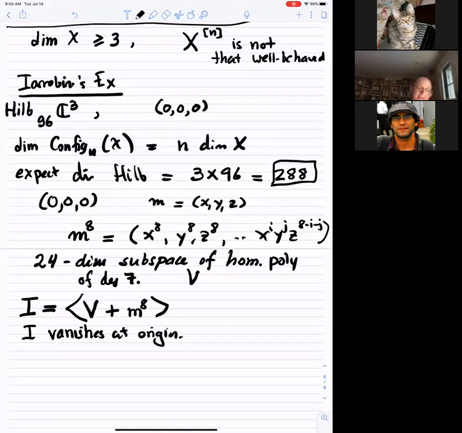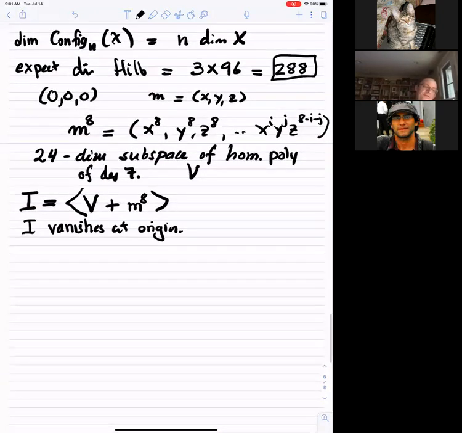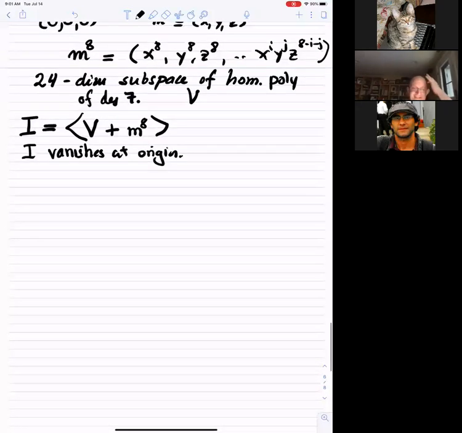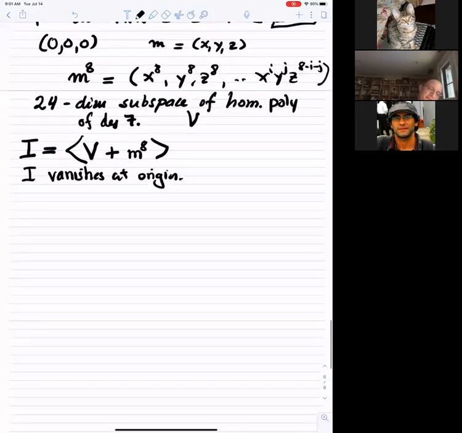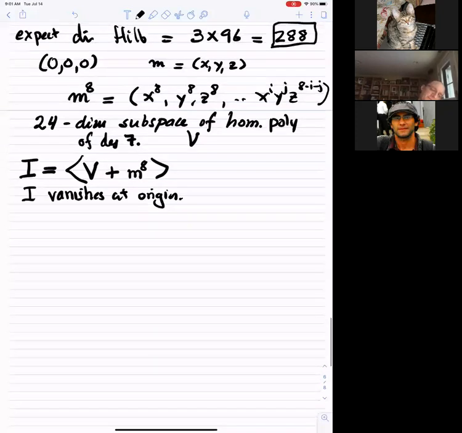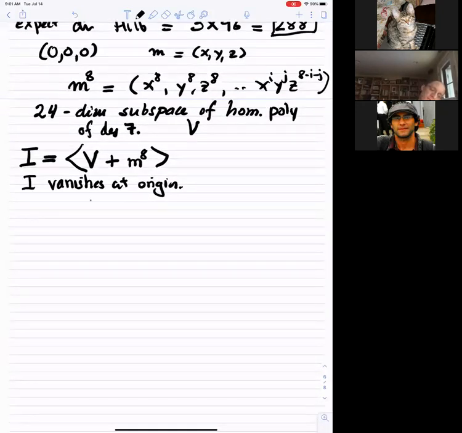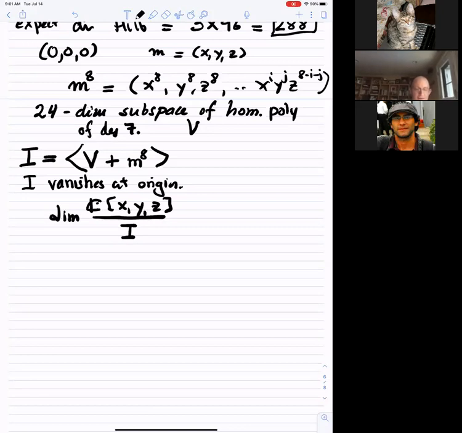So this is a case where all the 96 points, so to speak, are concentrated at the origin, but let's look at what the Hilbert polynomial is. You compute it by looking at, since we are working over the complex numbers, C[x,y,z] modulo I. This is a finite dimensional vector space, so you compute its dimension, okay?